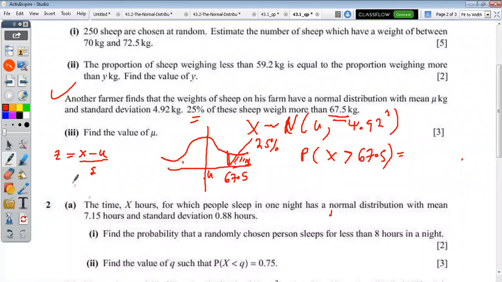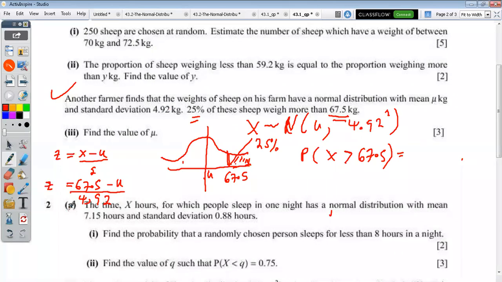Our value here is 67.5 minus the mu that we want, divided by the standard deviation, 4.92, is equal to Z.